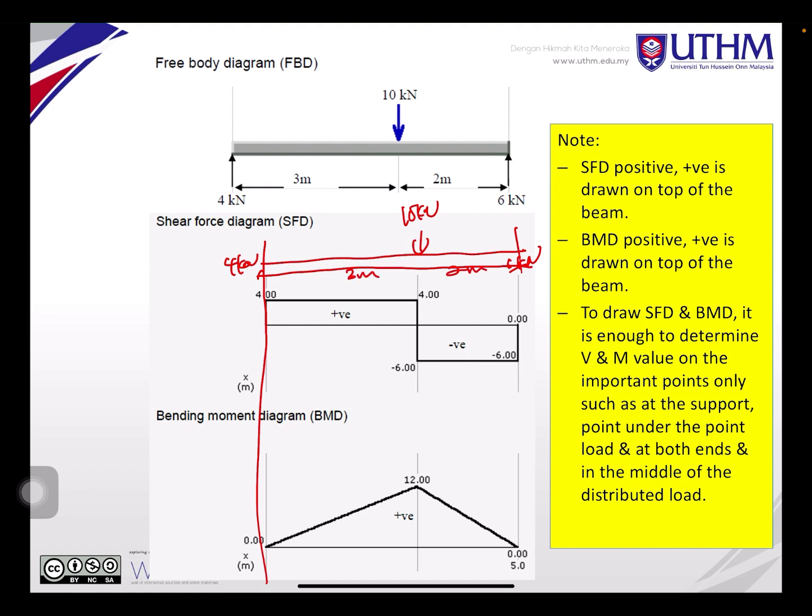So when you plot this, you insert the value. At 0 to 3, from the first one, the V is constant at 4. And then from 3 to 5, you put the value, you get this.